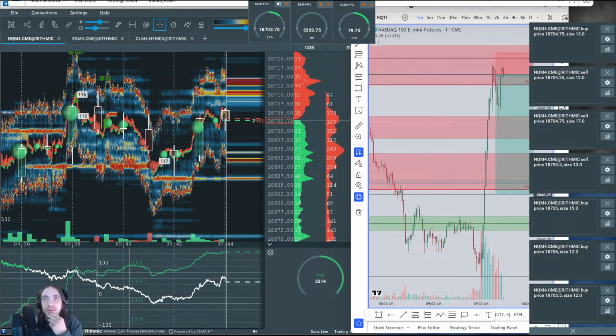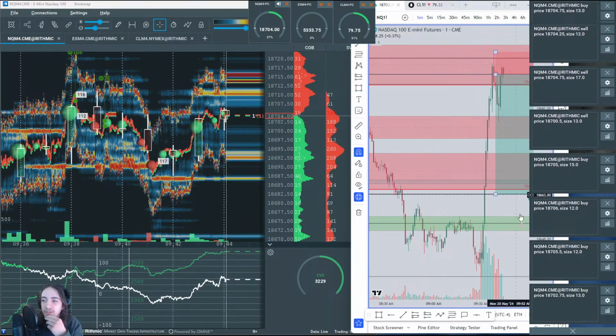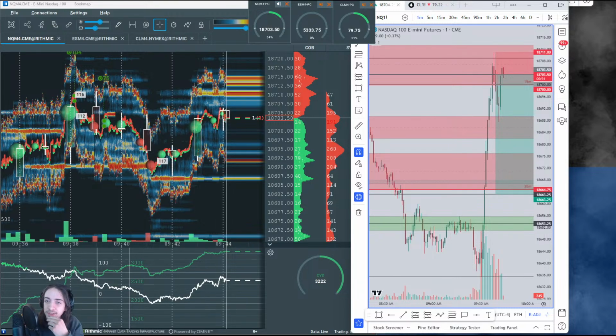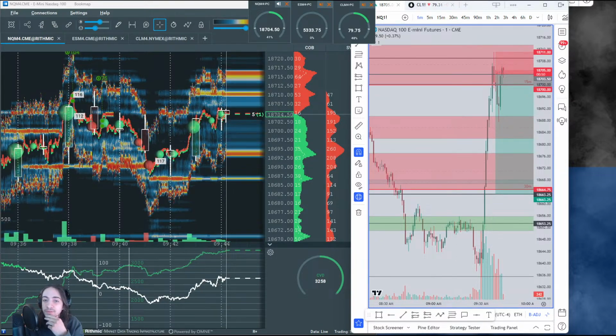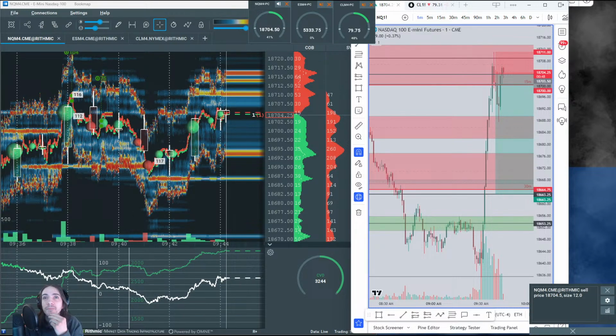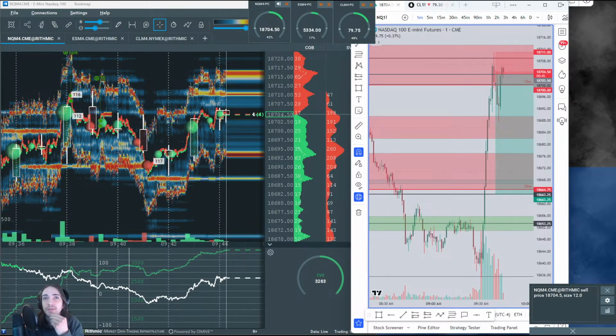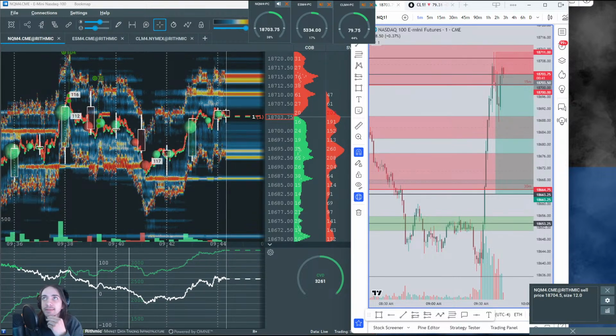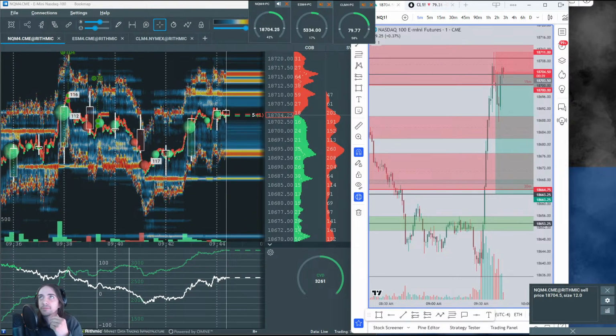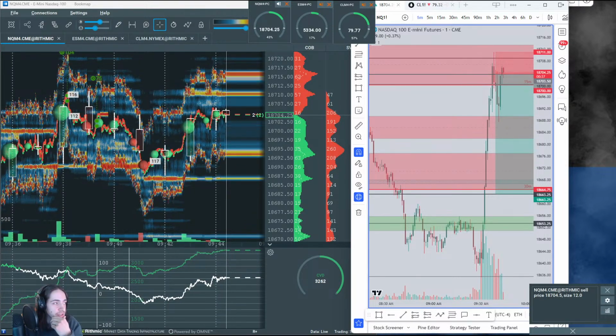Microsoft's just really strong. NVIDIA did have a bit of a push. A lot of buyers on the tape right there on the large trade alerts. Great Bookmap tool. Got to see Microsoft start to fall off. Tesla's starting to reject VWAP. But we're still pretty strong on everything else, so I'm not adding to the shorts here.